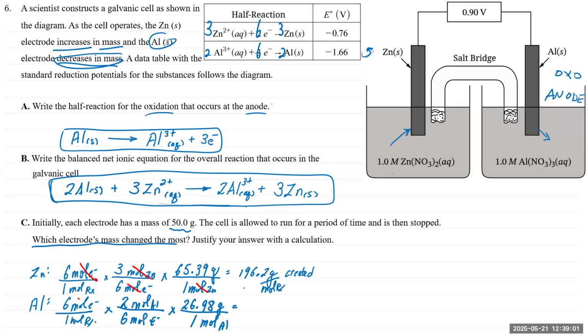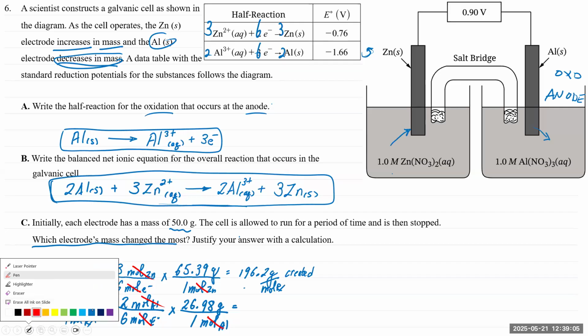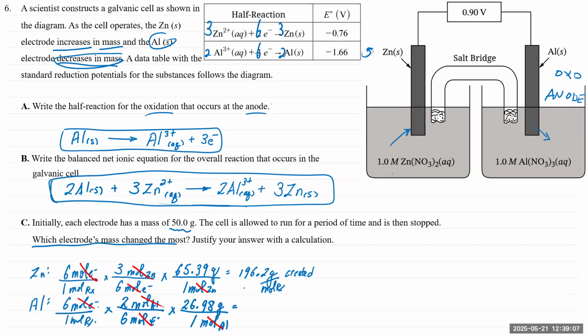Crossing things out, we get grams per mole of reaction, and that should come out to 53.96 grams per mole of reaction that is lost.